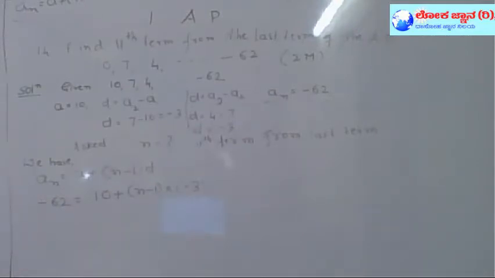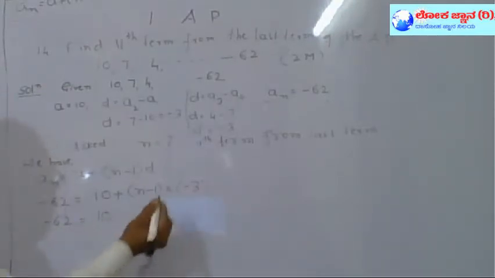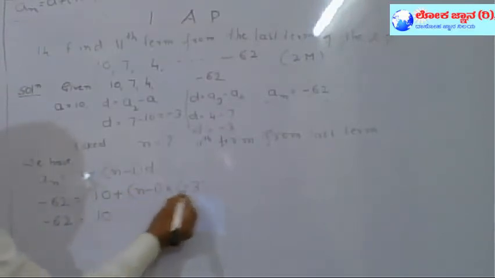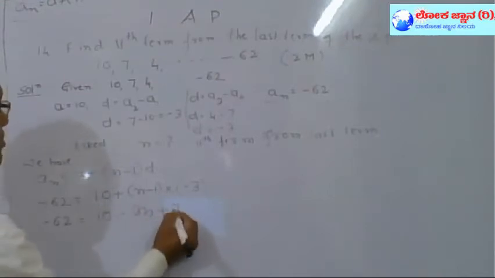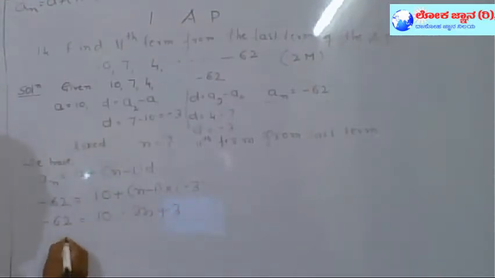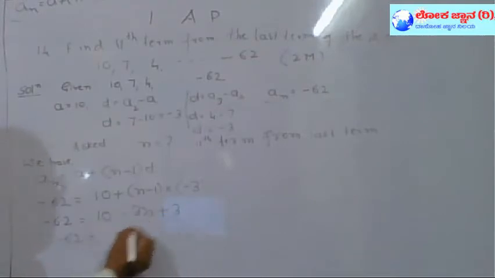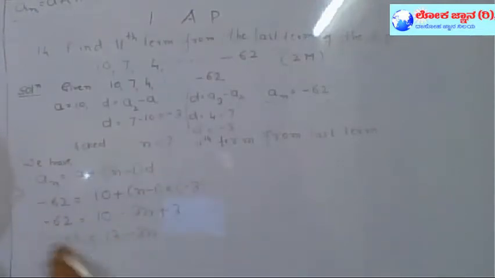So minus 62 is equal to 10 plus (n minus 1) into minus 3. Removing the bracket, plus into minus is minus 3n, and minus into minus is plus 3. So minus 62 equals 10 plus 3, that is 13, minus 3n. Taking minus 3n to the left becomes plus 3n, and taking minus 62 to the right becomes plus 62.